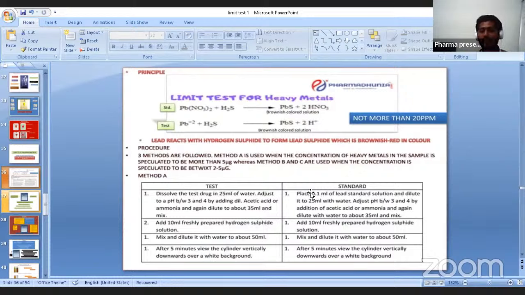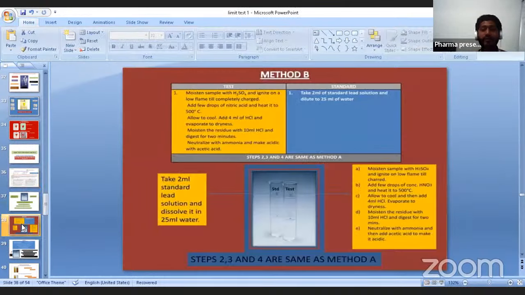But if you go towards the second method, in this we need to moisten with sulfuric acid. We need to moisten the sample with sulfuric acid and ignite it on a low flame to make it completely charred.